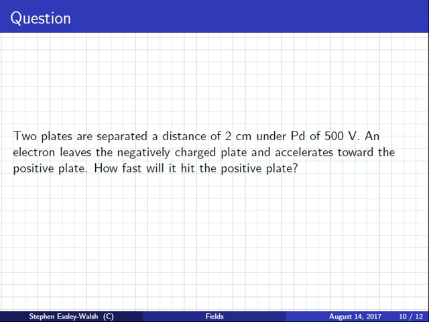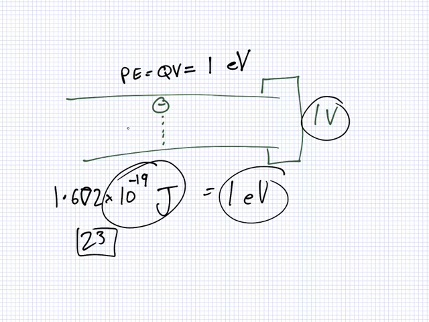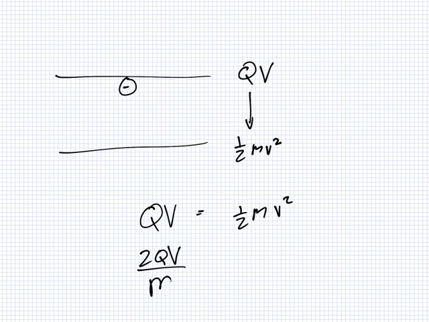Let's try this without the gravity. Okay, here are the plates. Here's the electron. This one has energy QV, and when it gets down to here, it has a half mv squared. So QV equals a half mv squared, so the answer is the square root of 2QV over the mass.